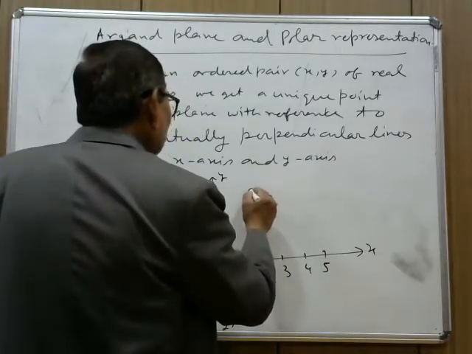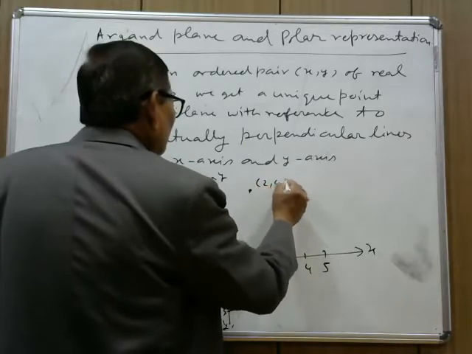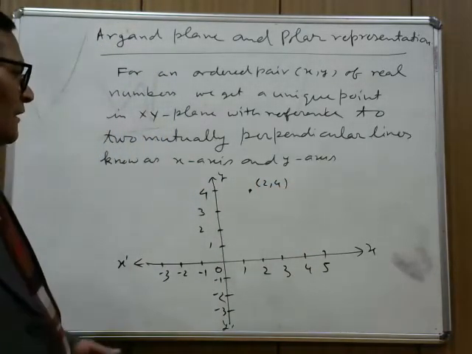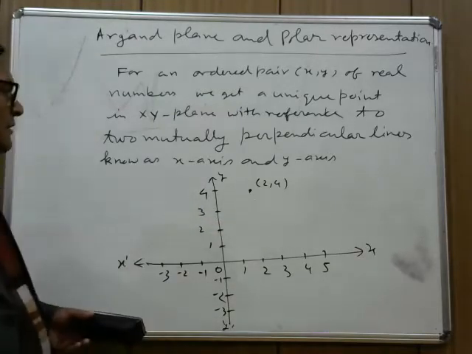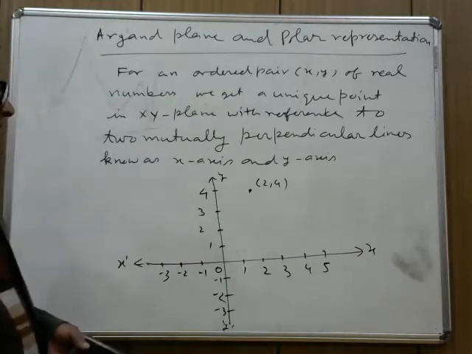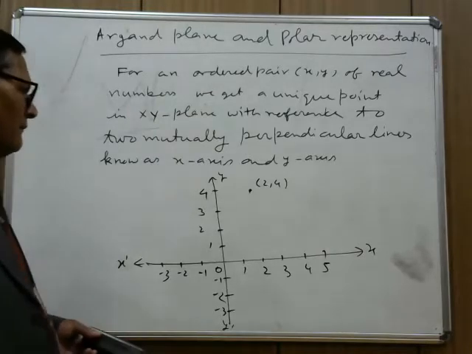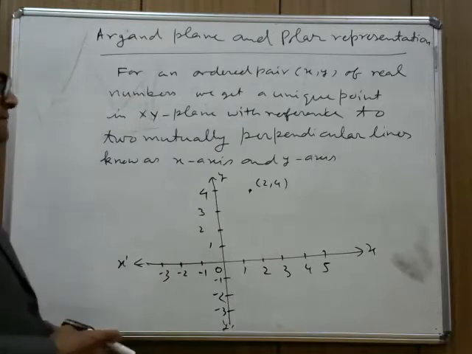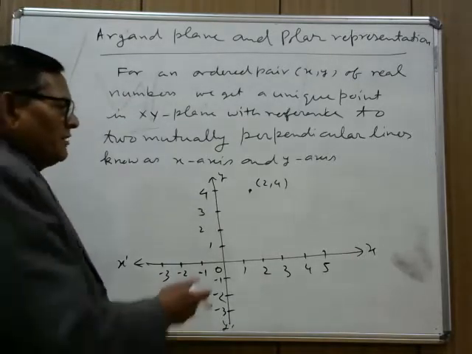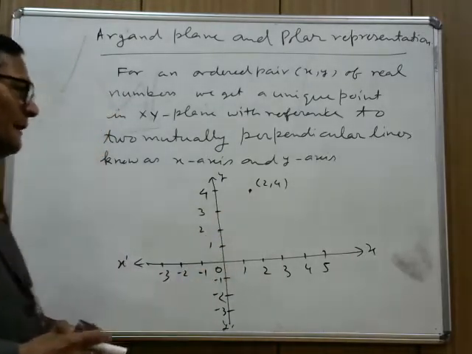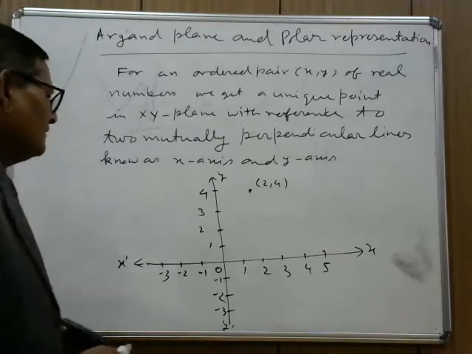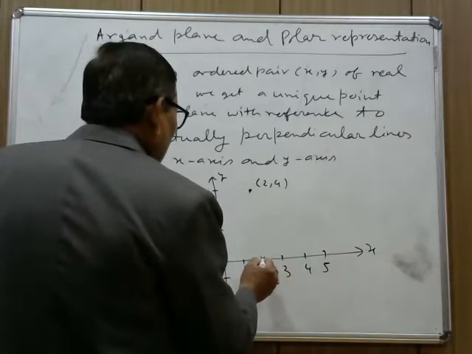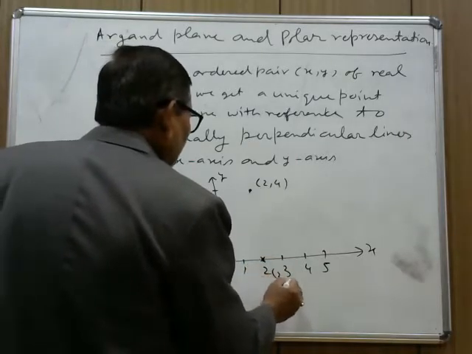This point is (2, 4). (2, 4) is an ordered pair of real numbers, and corresponding to this ordered pair, it can be represented in the xy plane. For every point there is a complex number, and for every complex number there is a point in this plane.